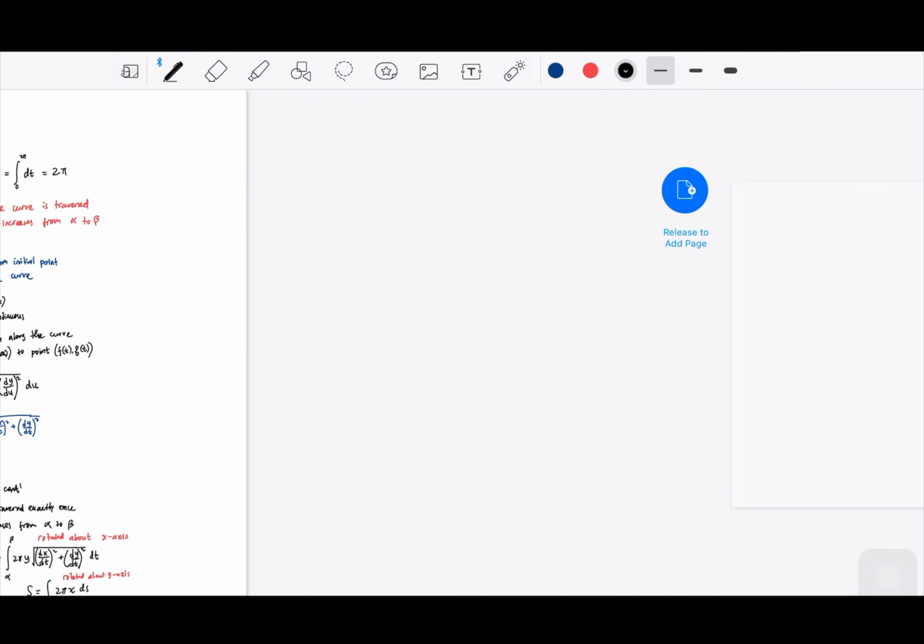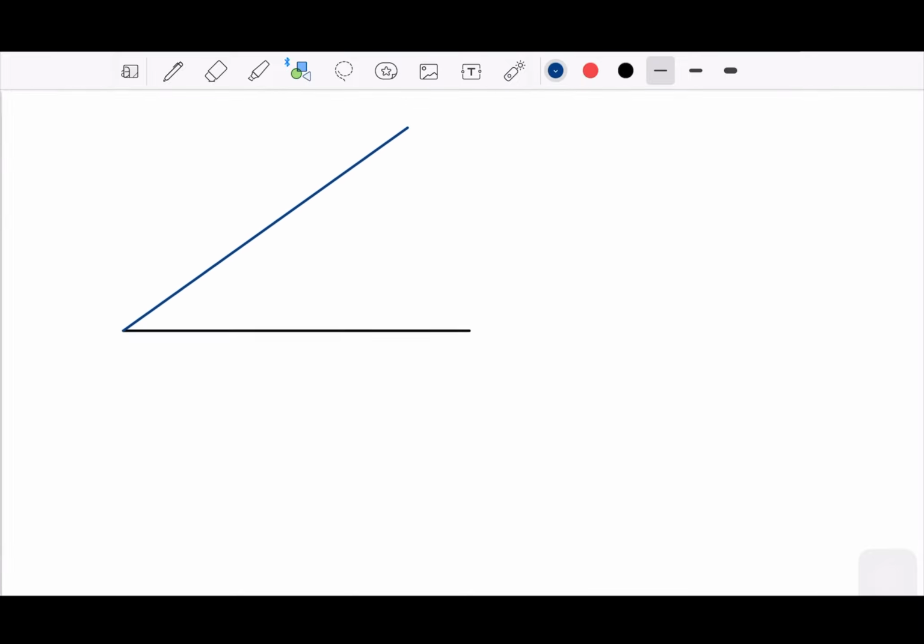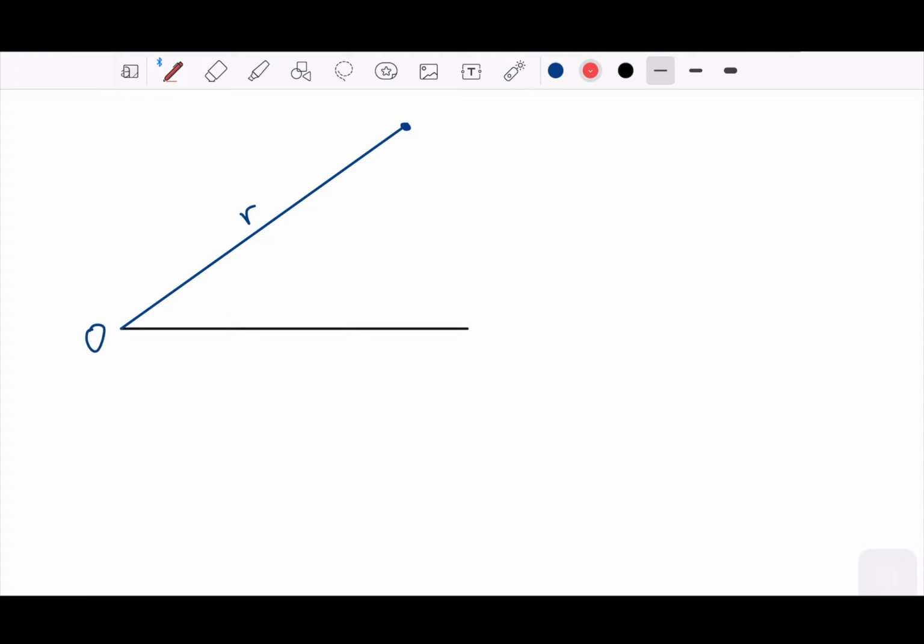Okay, let's move to just some introductions first for polar. Usually in polar coordinates, we start with what we call the polar axis.